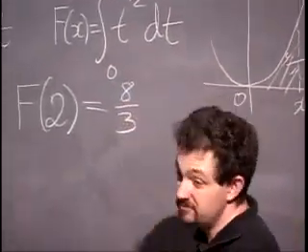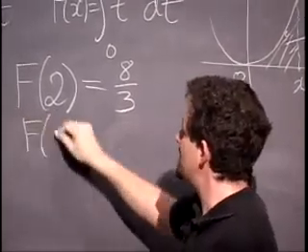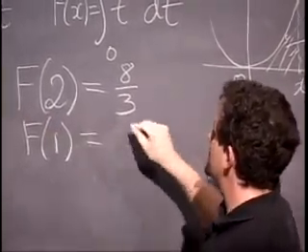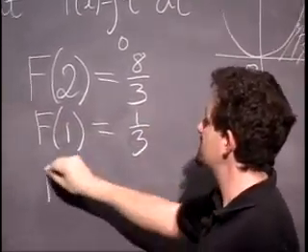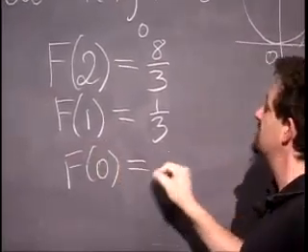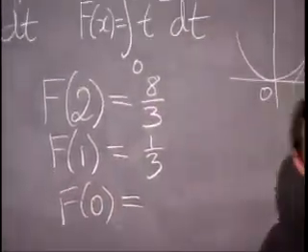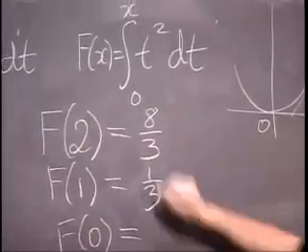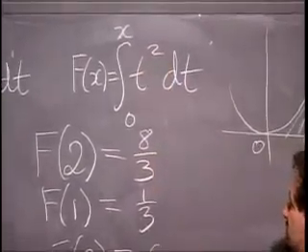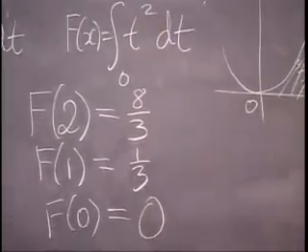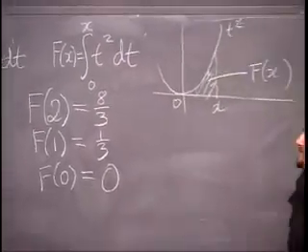I haven't proved it, but we've been using it over and over again. How about F of 1? Well, that was 1/3. What's F of 0? Can anyone tell me? Integral from 0 to 0 of t squared? 0, yeah. If you integrate from a to a, it's always 0, no matter what the function is. So at least we know some of the values of F.